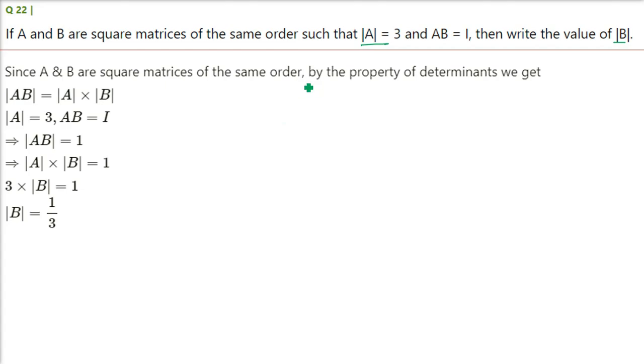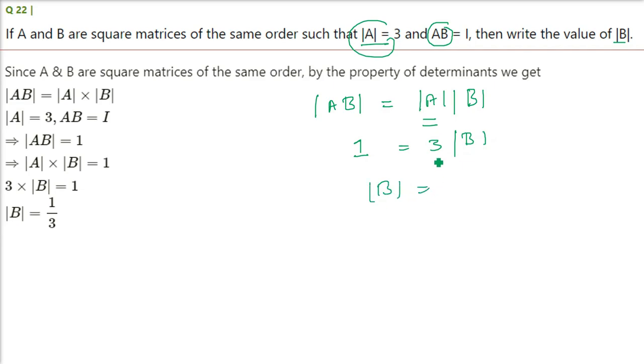Since the square matrices are of the same order, there is a property of determinants: if you multiply AB and take the determinant, it will be determinant A separately with determinant B. Since determinant of A is already given as 3, and A and B multiplied is I, just write I here. We have already seen just now that the determinant of identity is 1. So 1 equals 3 times determinant B. You can take 3 to the left hand side. It is 1 by 3.